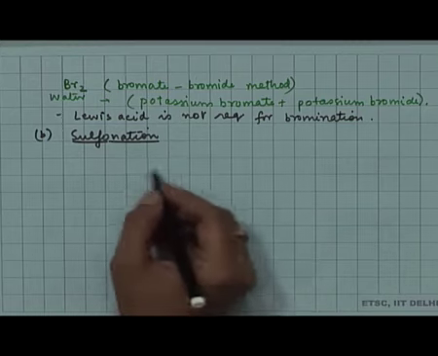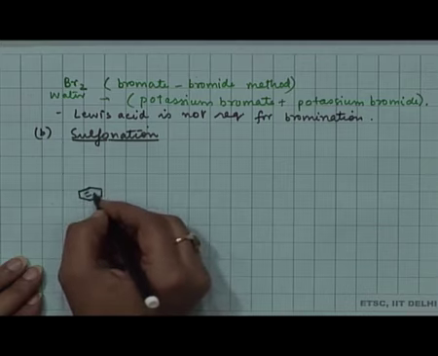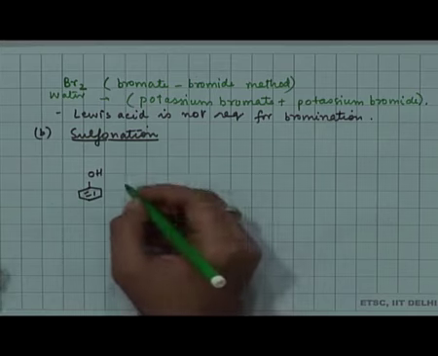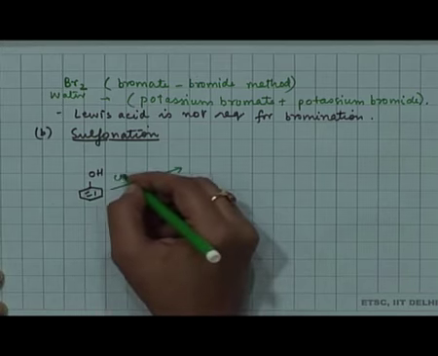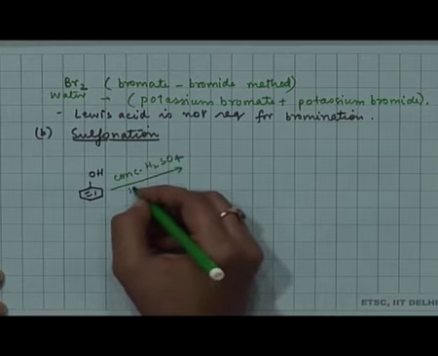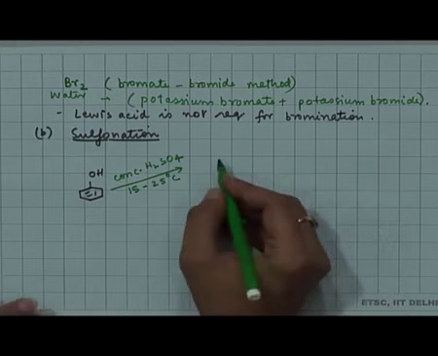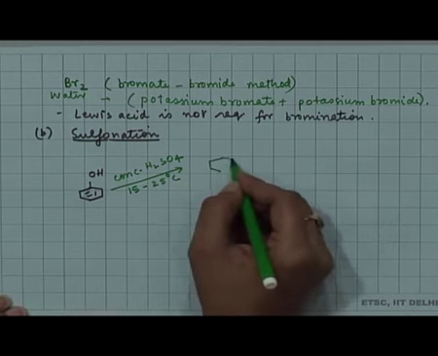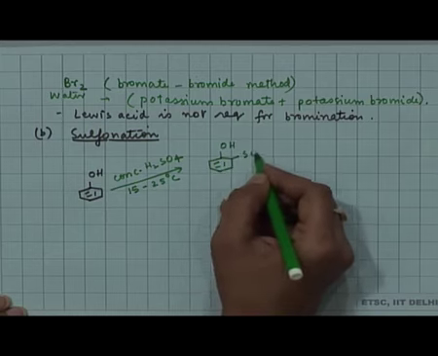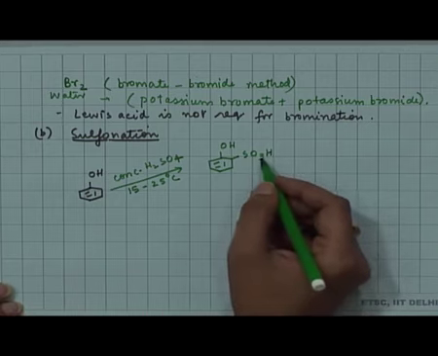Sulfonation: you start with the phenol, you treat it with concentrated H2SO4, with the temperature in the range of 15 to 25 degrees centigrade. The product which you get is the ortho sulfonated phenol.